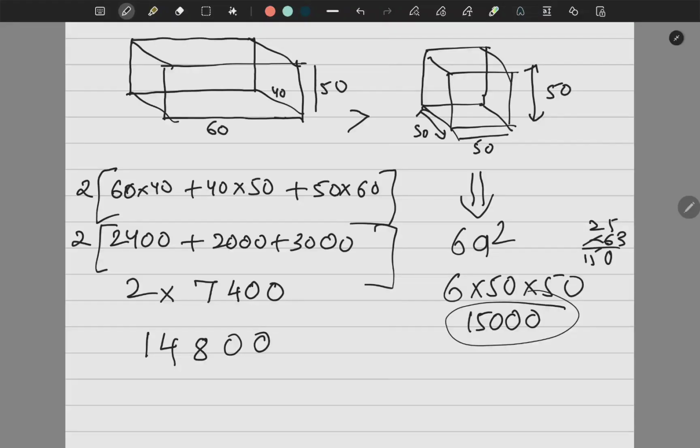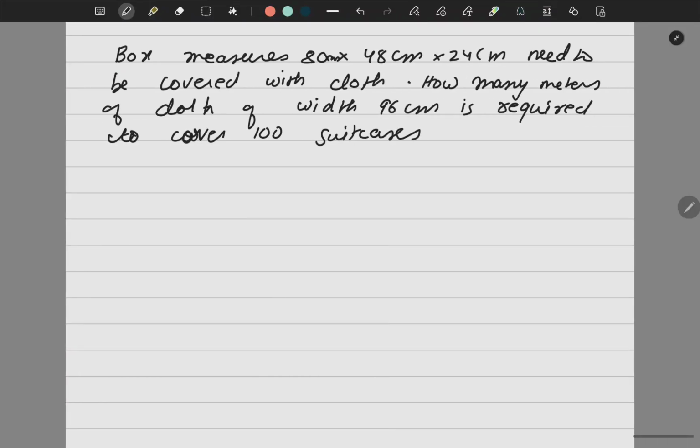Right. Now next question. Box measures 80 into 48 into 24 centimeter, needs to be covered with cloth. How many meters of cloth of width 96 is required to cover 100 suitcases? So understand the question first. Find out the surface area of the box.